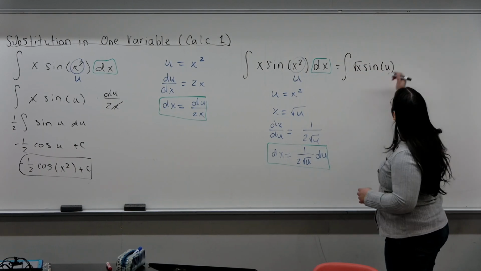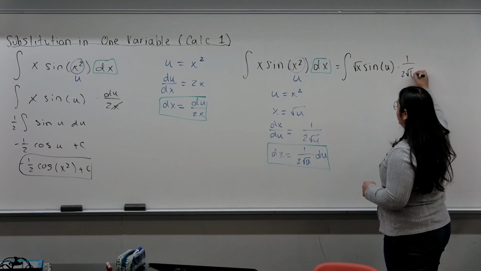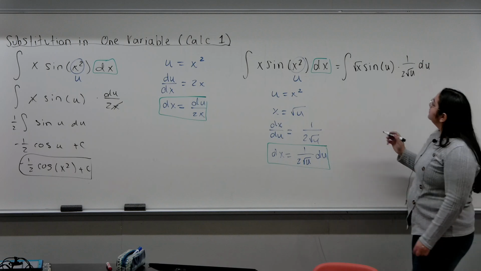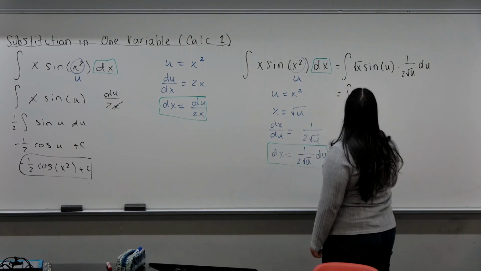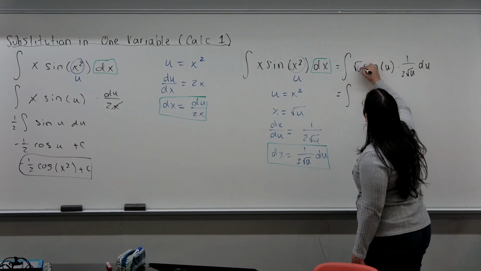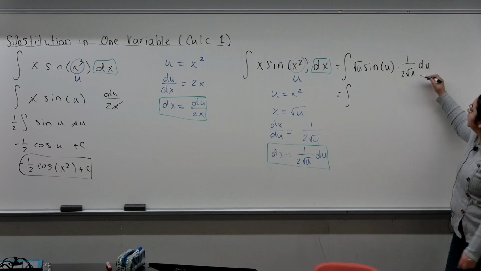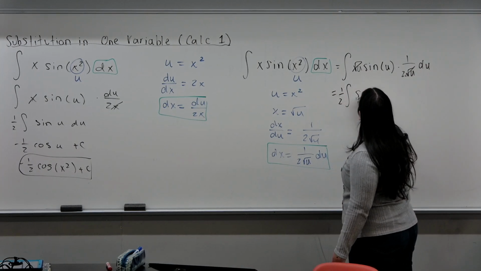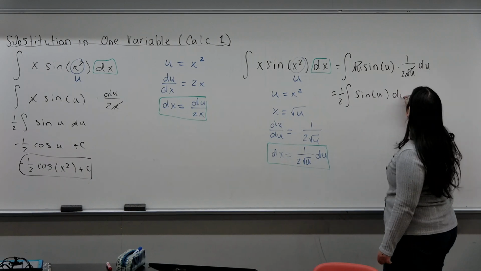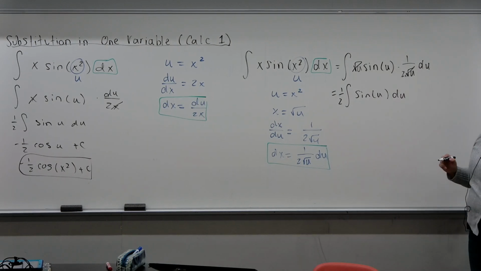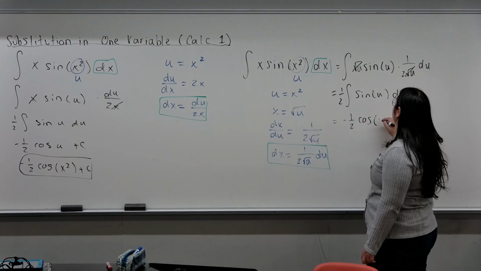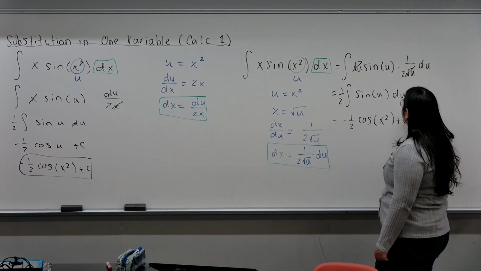And then the dx, which is 1 over 2 square root of u du. Oh, that should be a u. The square roots of u divide out. You can pull out the 1/2. And you're left with the same antiderivative that we had earlier: negative 1/2 cosine of u, which is x squared, plus c.